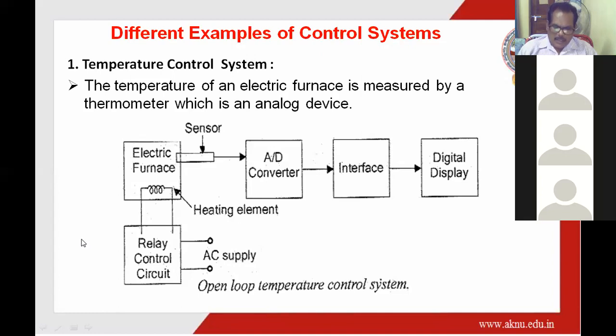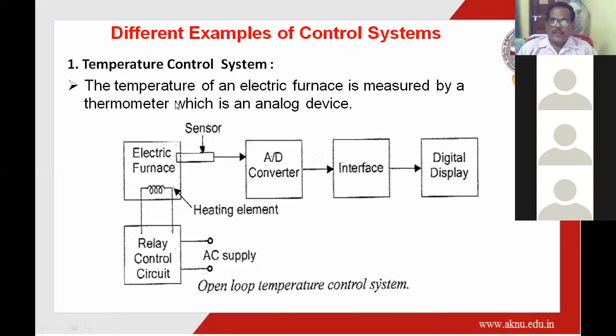Here we operate this electric furnace with the help of the AC signal. We connect the relay control circuit, which operates the electrical heater. So the temperature is raised in the electric furnace and it is sensed by the temperature sensor. That means it converts the physical quantity of temperature, an analog signal, to an analog electrical signal.